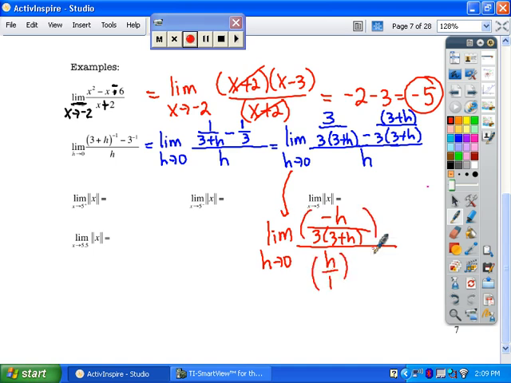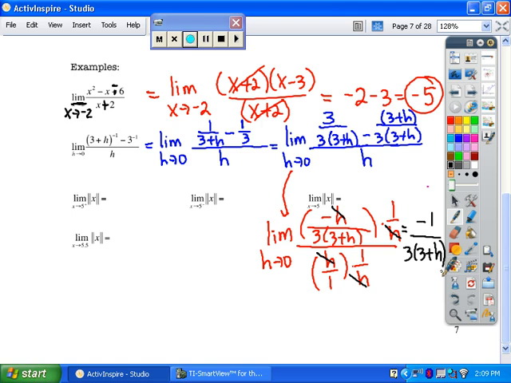So to simplify that even further, when we divide by an h, it's the same as if we multiplied it by what? 1 over h. So I'm going to multiply this by 1 over h, top and bottom. So what's going to happen is these h's drop out, and you end up with a -1 over 3 times 3 plus h. Now we're still taking the limit as h approaches 0.